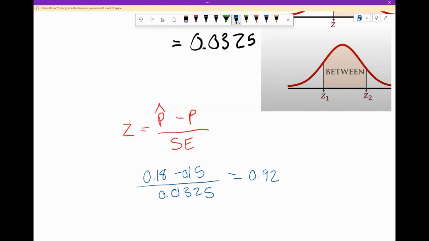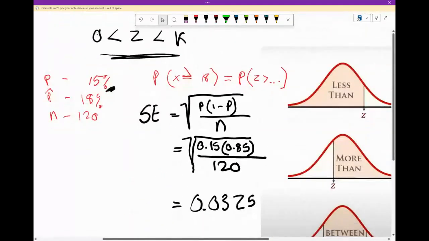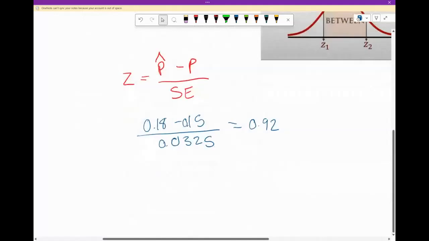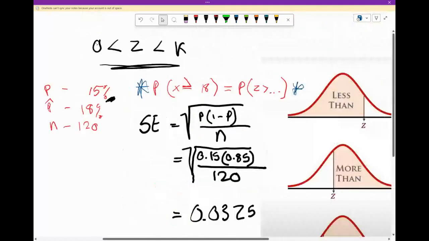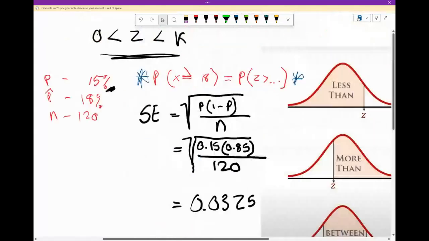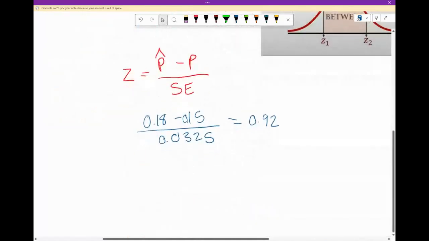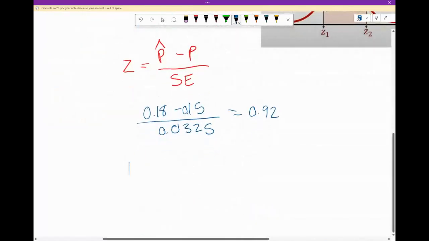So here you should get 0.92. Now going back to this bit here, remember this was our whole objective. We said, what is the probability that X is greater than or equal to 18?